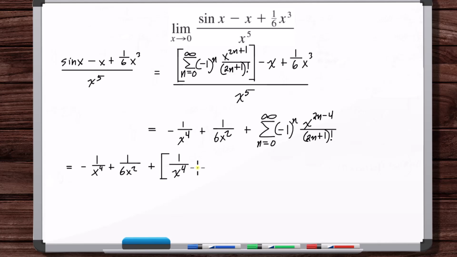When n is equal to 1, this becomes negative, and you end up getting x to the minus 2 over 3 factorial, so that's 1/6. And we see these are going to cancel.